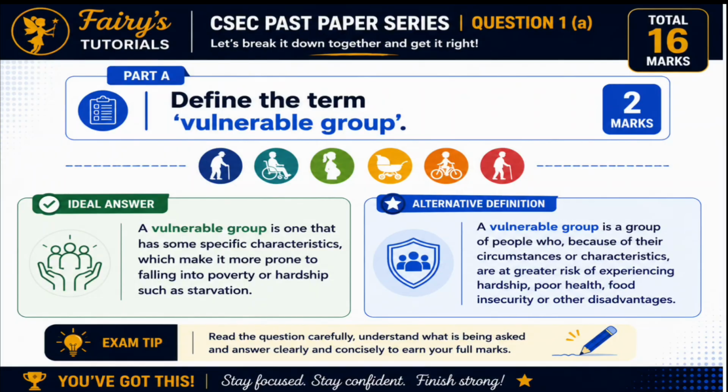Now, continuing to say, which make it more prone for them to fall into poverty or hardship, such as starvation, then you would have gotten another mark there as well. Similarly, for our alternative definition, a vulnerable group is a group of people who, because of their circumstances or characteristics, that's 1 mark, are at greater risk of experiencing hardship, poor health, food insecurity, or other disadvantages. That's how you would get your other mark there.